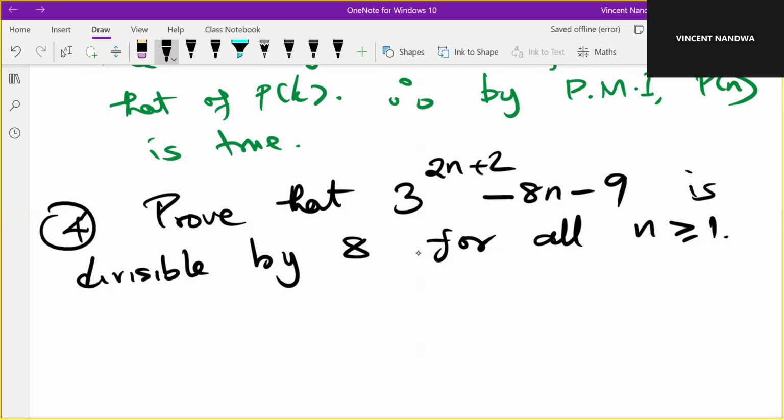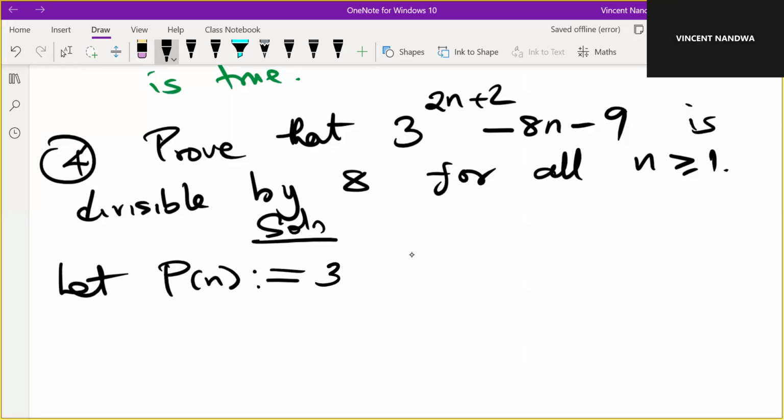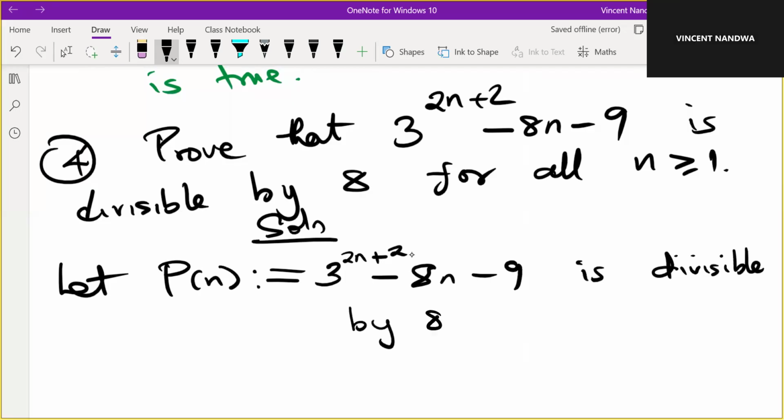Good. So now to prove this, solution: we let P(n) be the statement 3^(2n+2) - 8n - 9 is divisible by 8. So that is the statement we have, that the expression is always divisible by 8.